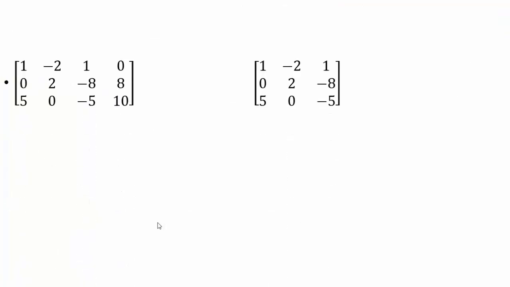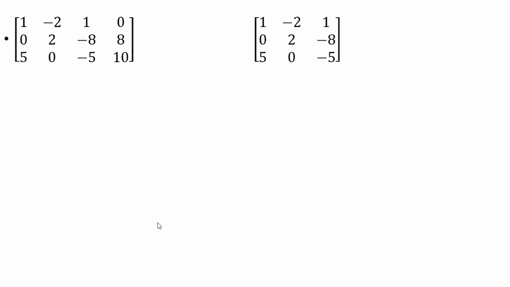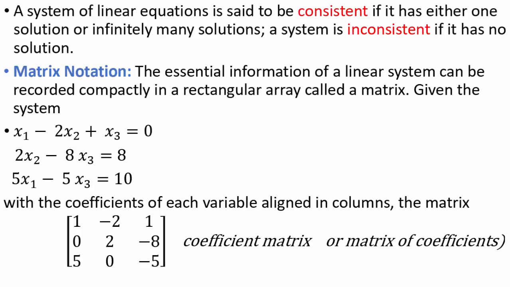Further, the augmented matrix. We have this matrix for that system. The first column is 1, 0, 5, the second is minus 2, 2, 0, and the third column is 1, minus 8, minus 5. And we have seen that the constant terms on the right hand side of the equations are 0, 8, 10.